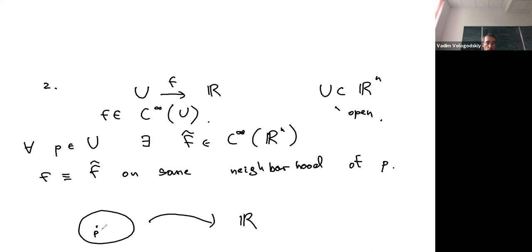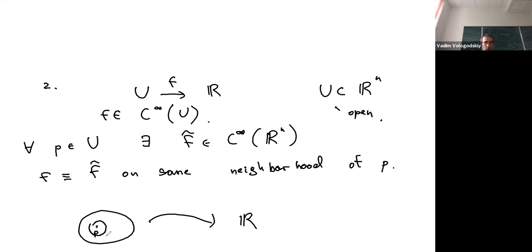But you can first take a smaller disk containing the point p, restrict your function f to this smaller disk, and then extend this restriction to a function on R^2. That's the second hint you need here.